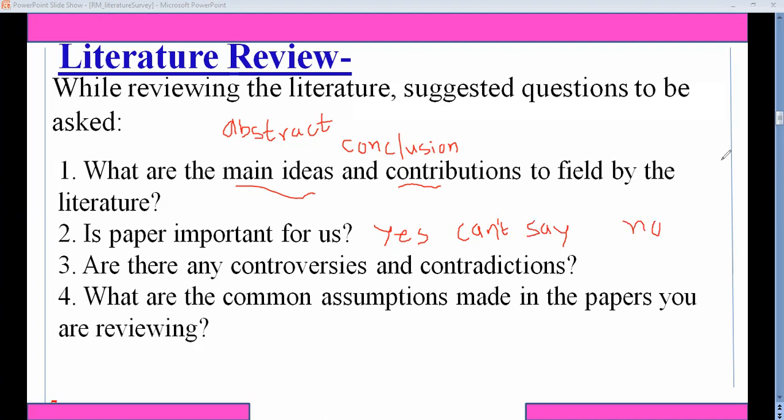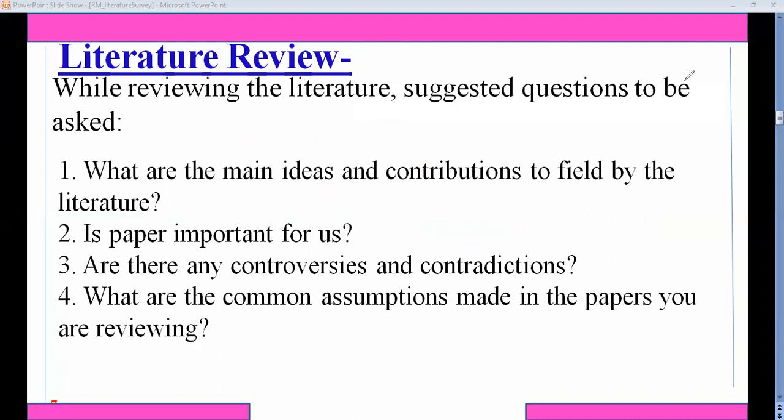If you are clear it is yes, then keep the paper with you. Even if you find that right now you cannot conclude, then also keep the paper with you. This is the next question.